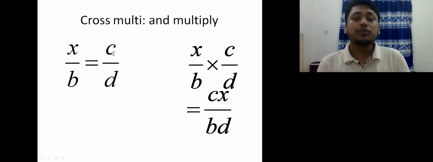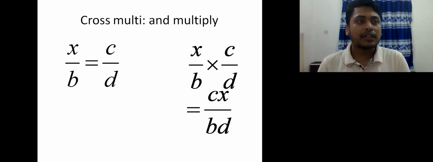Whenever you see two fractions on the two sides of the equal sign, to break the fractions you have to do cross multiplication. Be very careful, otherwise no way.